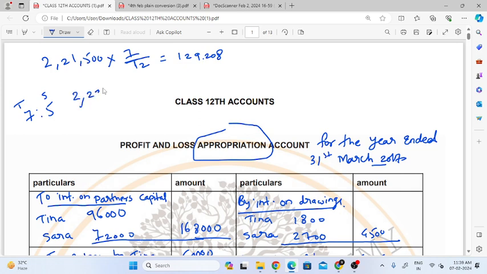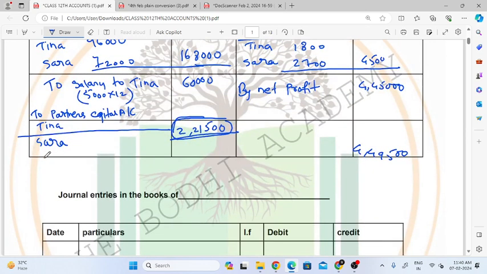Then again for Sarah also you have to distribute. 2,21,500 multiplied by 5 divided by 12, which will give you 92,292. Okay, so this is the profit which your partners are going to get: 1,29,208 and 92,292.